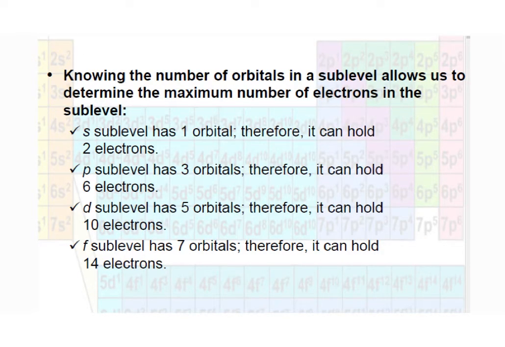Now, before we get going writing electron configurations, there are some guidelines and rules that you need to be aware of. It's important to know the maximum number of electrons that each sublevel can hold.